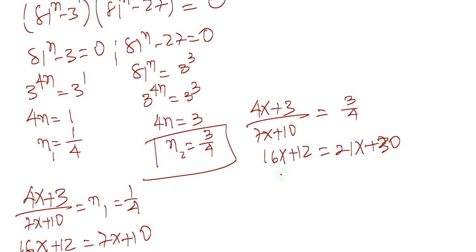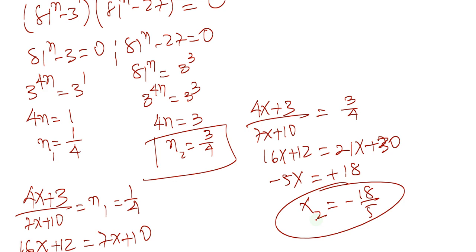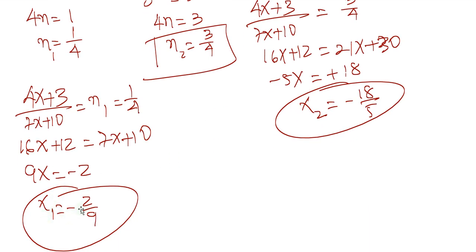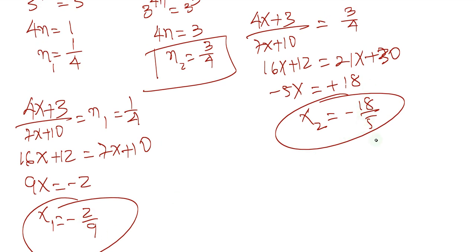This will come here as negative 5x equals 18, because 30 minus 12. So our x2 is equal to negative 18/5. So guys, these are the solutions for this problem: x1 equals minus 2/9, and x2 equals minus 18/5.